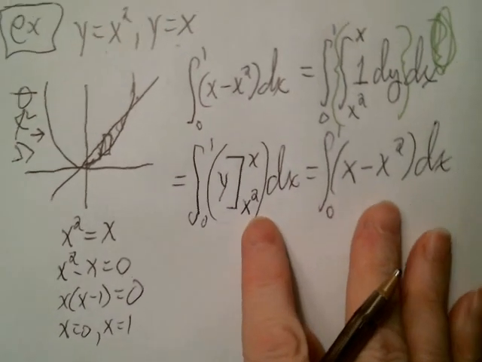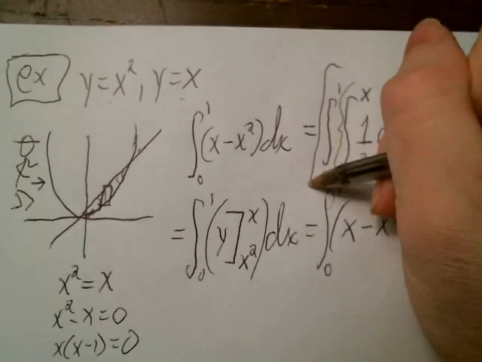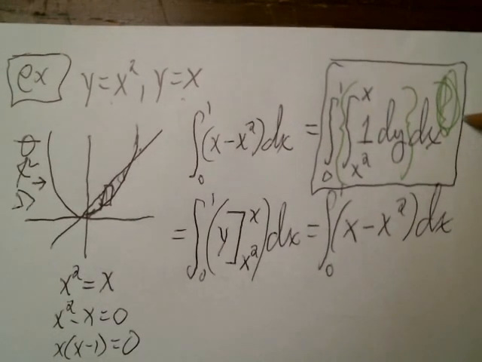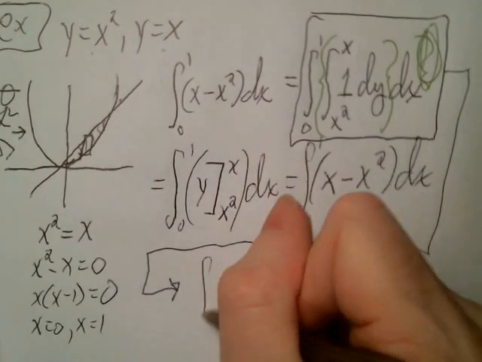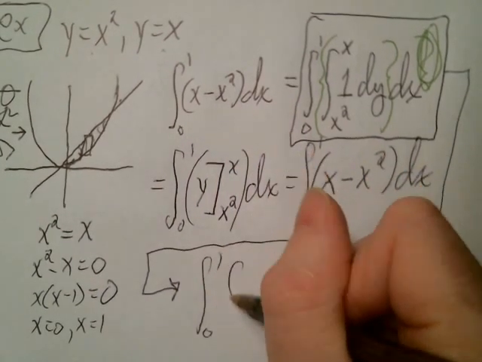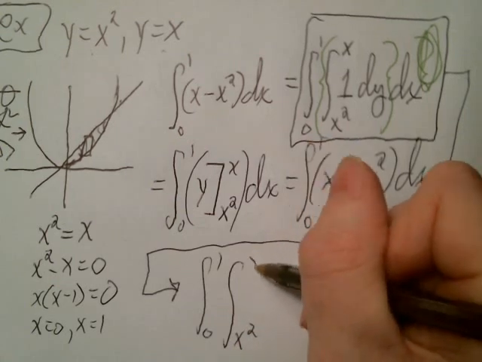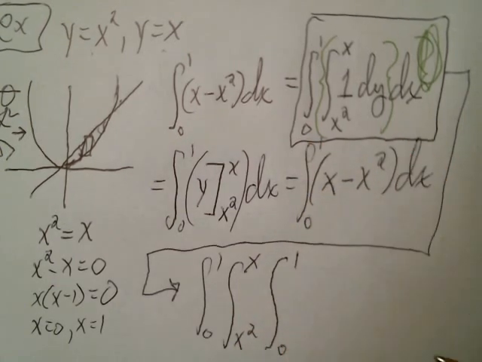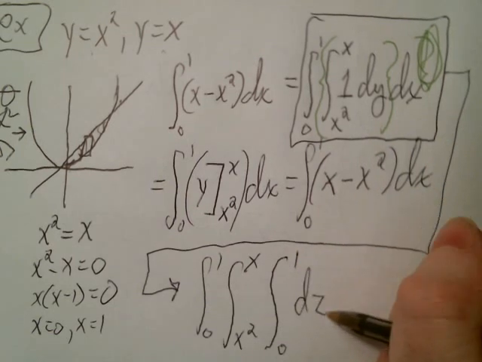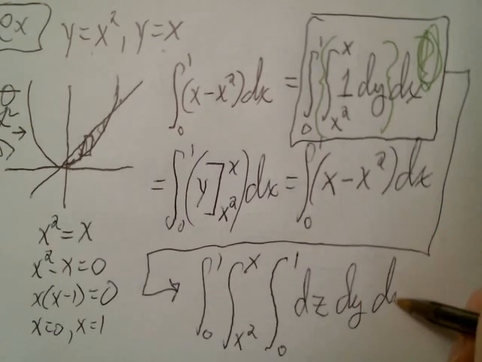So you could take this up one more notch and put it into a triple integral, which we'll do later. You'll have the integral from 0 to 1, the integral from x squared to x, of the integral from 0 to 1 of dz, dy, dx.